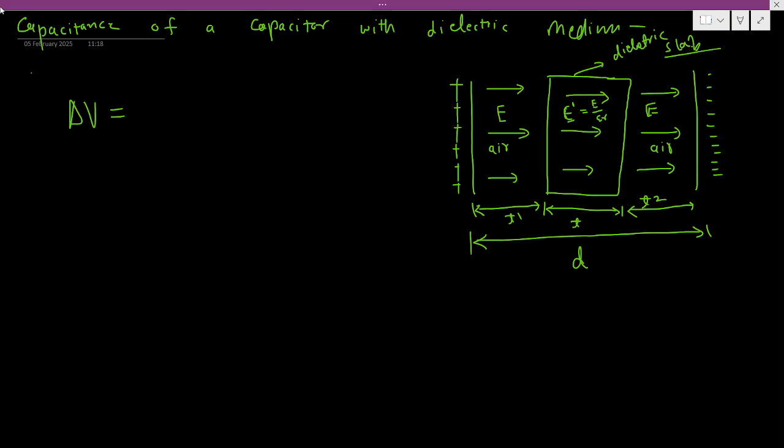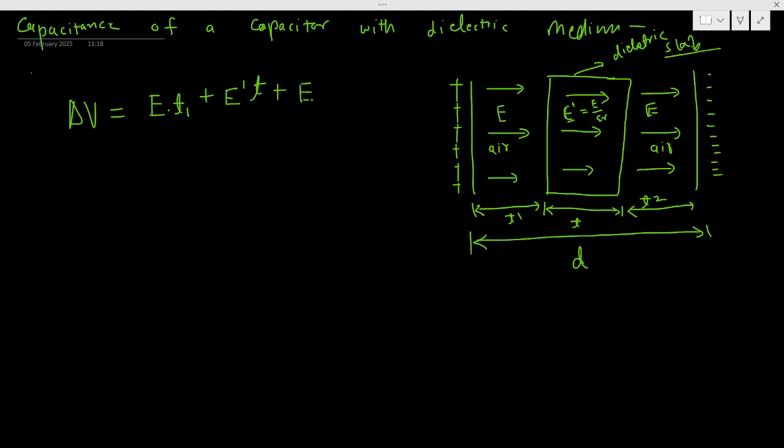Whenever we write the potential difference between the two plates, you have to consider the electric field and the corresponding length, plus the electric field and corresponding length, plus the electric field and corresponding length. That's how we write the formula of electric potential difference between the two plates.